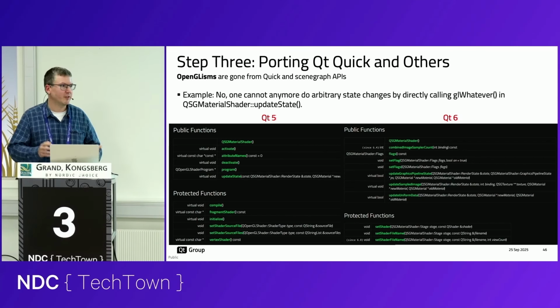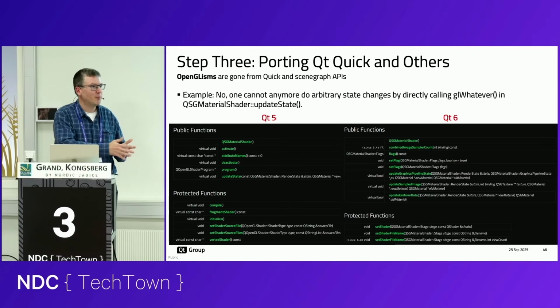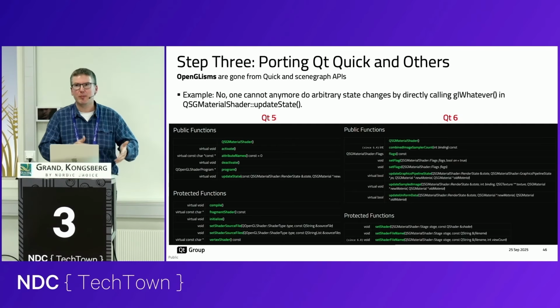You could change state. If you wanted your custom blend state, you set that. And obviously this does not map to Qt 6, not just because you can't use OpenGL directly, but also because the patterns don't map, so you can't just set the blend state when it's part of an immutable monolithic pipeline.